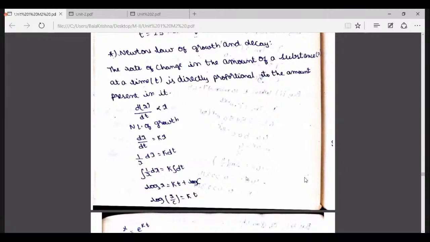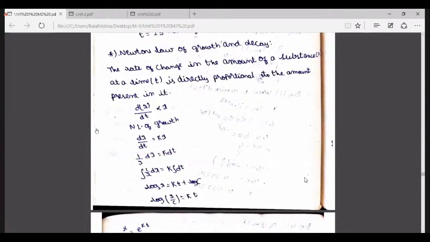There it was indicating temperature; here it is the amount of a substance at a time t that is directly proportional to the amount present in it. So if you denote that amount of a substance as x, the rate of change, that is dx by dt, the rate of change in the amount of the substance x with respect to time t, is directly proportional to the amount present in it. So here, growth and decay.